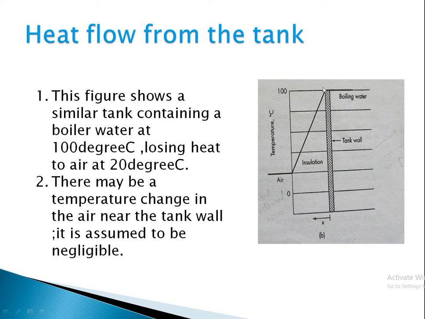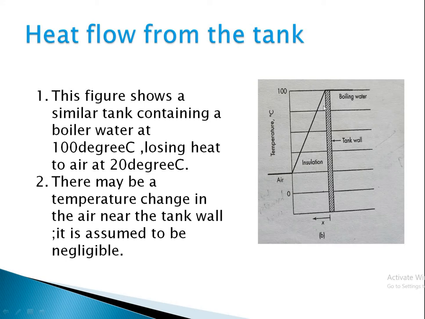When we observe that heat is flowing from the tank, we can say that here the heat is being lost. See here this line indicates that the temperature is dropping from 100 to 20 degrees centigrade. Here see it is 0, 20, 60, 80, 100 degrees.